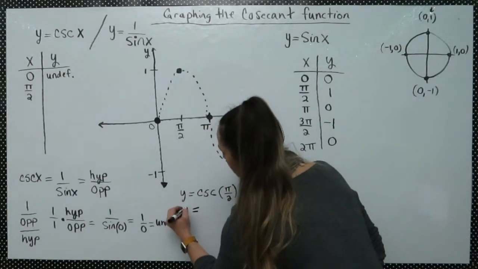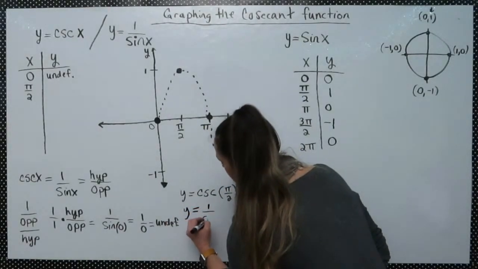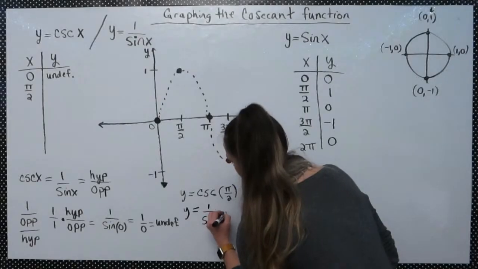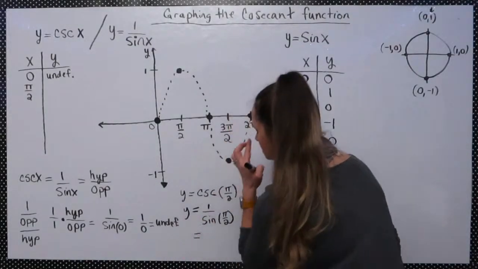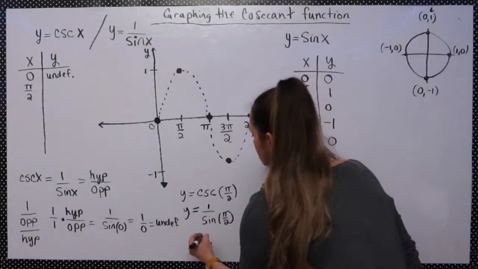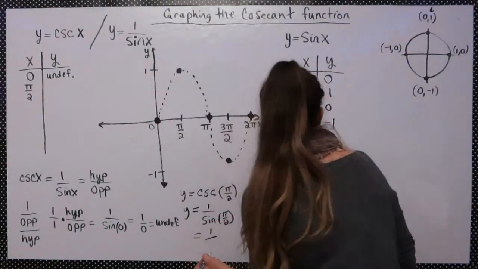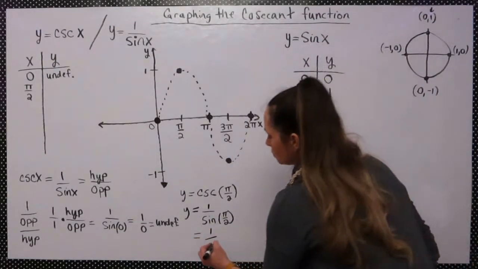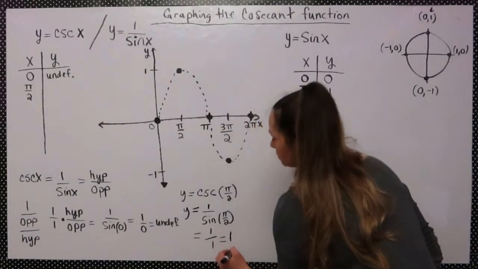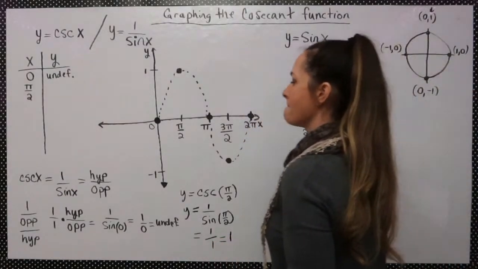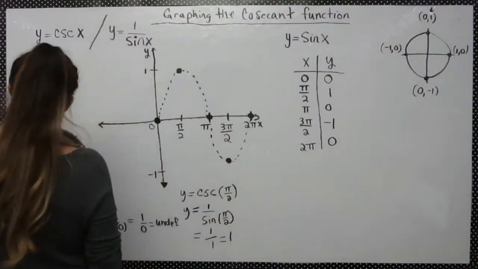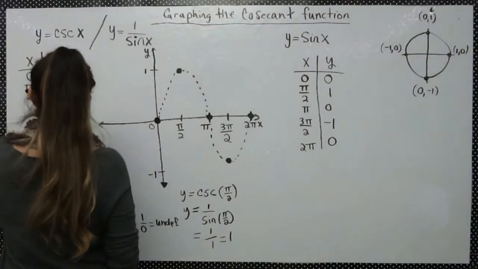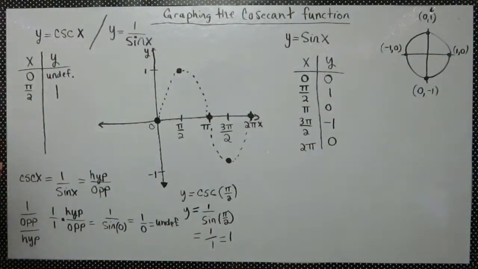That's y equals 1 over the sine of pi over 2, which would be 1 over 1, which is going to give me 1. All right, good. And so that is a value that's on the graph.